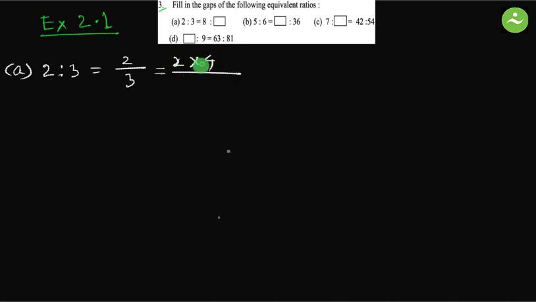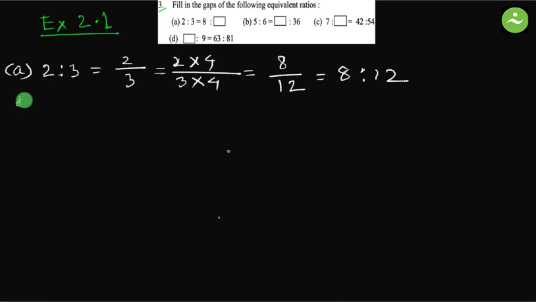We have to multiply both numerator and denominator so that the value of the fraction or the ratio doesn't change. So we have to multiply 3 also by 4, equals to 8 by 12. So we got the answer. When the first quantity is 8, the second quantity is 12.